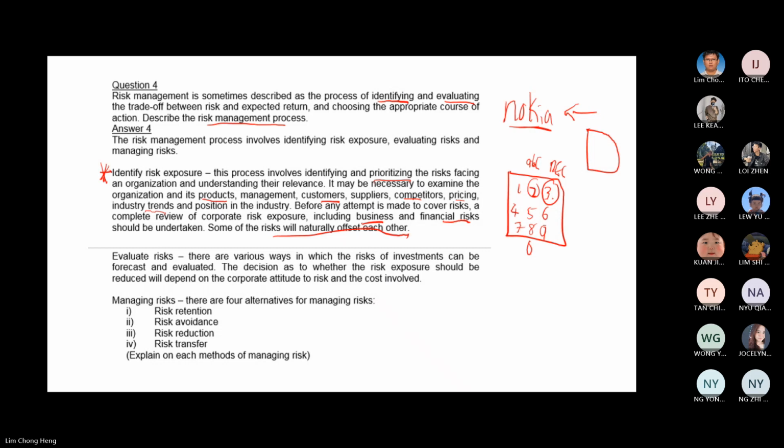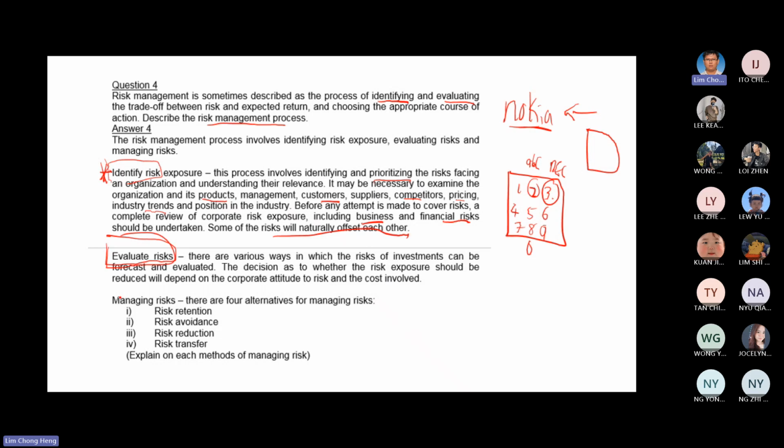So you can know what risk is a priority, what risk you can ignore. This is identified. After this, you do the evaluation. You can use financial modeling, forecasting or VaR to see the impact of the risk on your company.